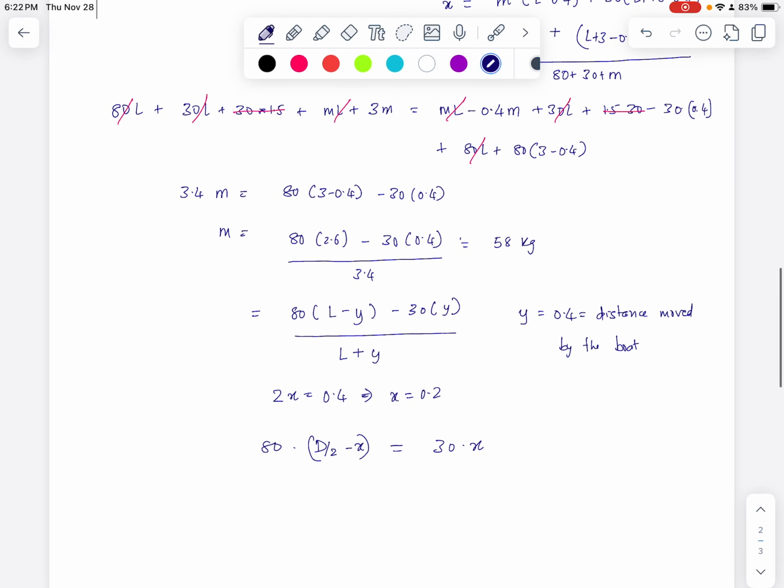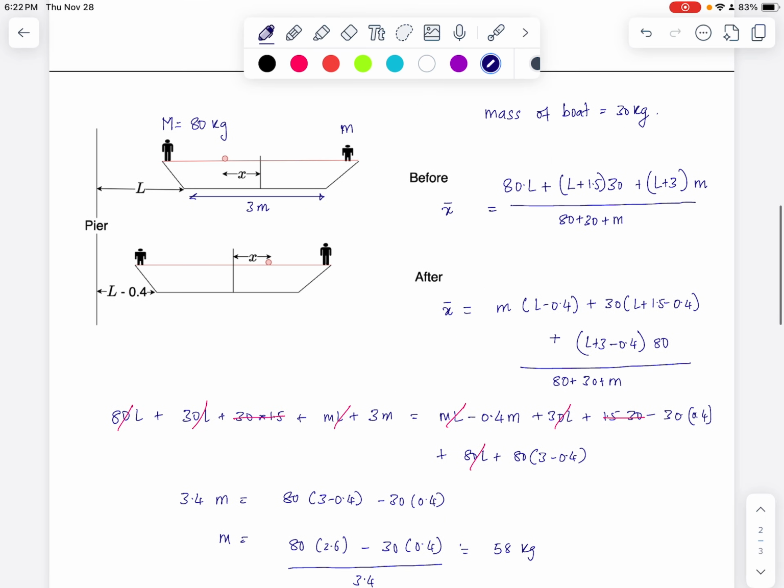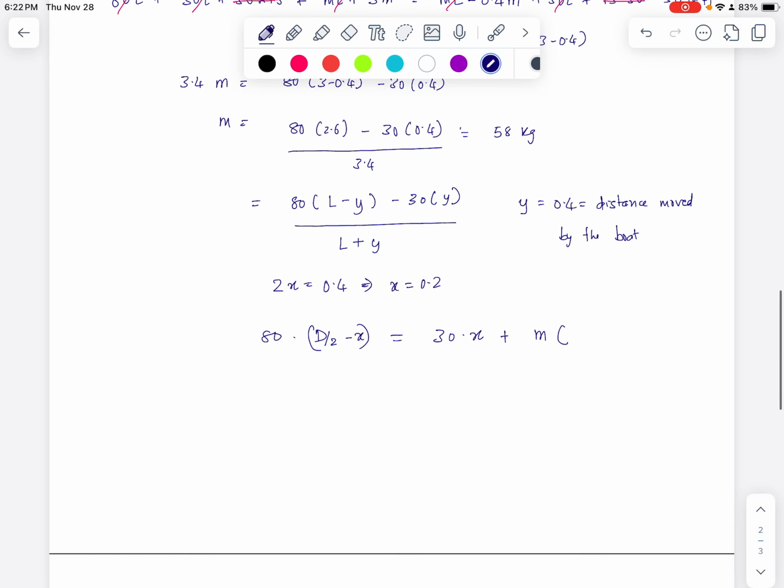Okay, plus the mass of the girl, okay, times L divided by 2 plus x. Okay, so here, so now all we do here is, or D divided by 2 plus x.